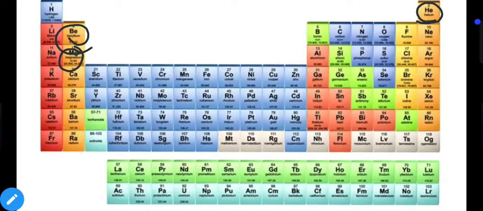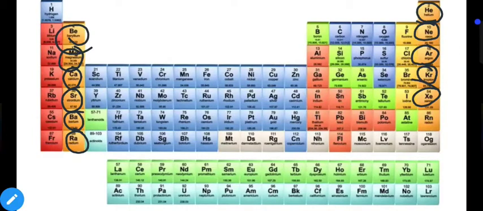Magnesium contains two extra electrons than neon, calcium two more than argon, strontium two more than krypton, barium two more than xenon, and radium two more than radon. So all of these elements also tend to lose electrons to gain stable electronic configuration like noble gases. That's why these elements are also metallic by nature.